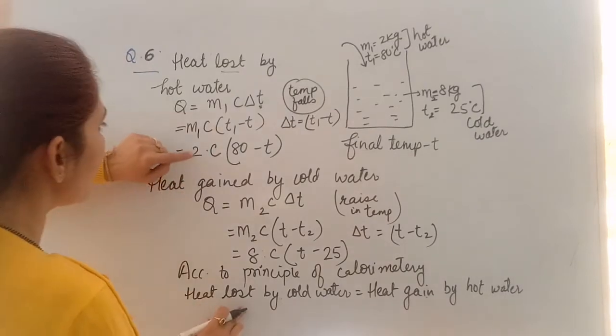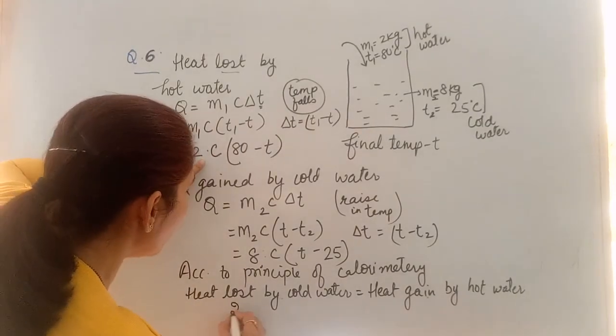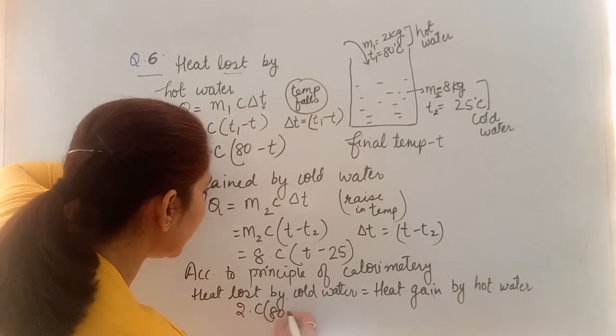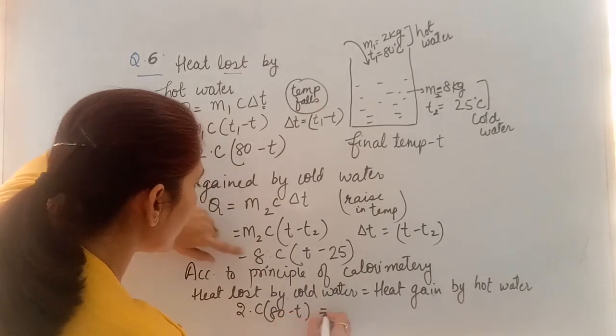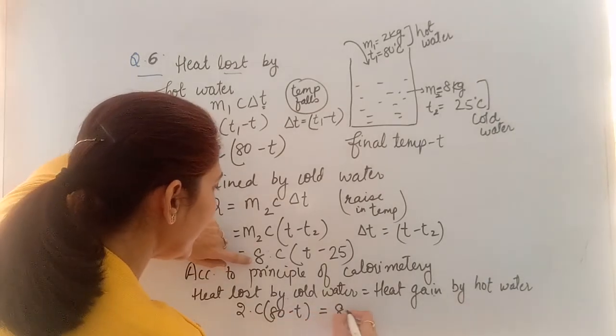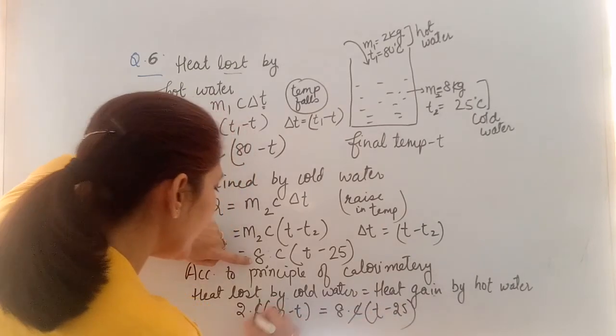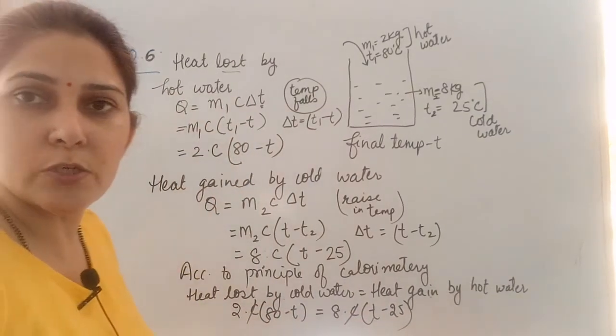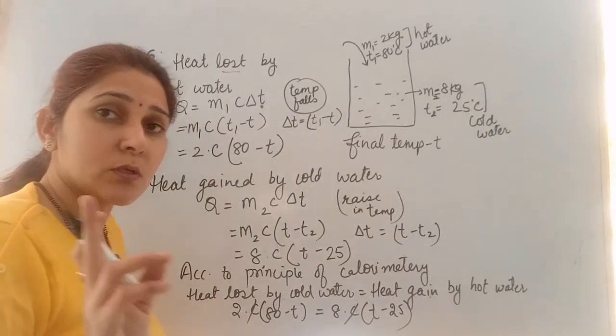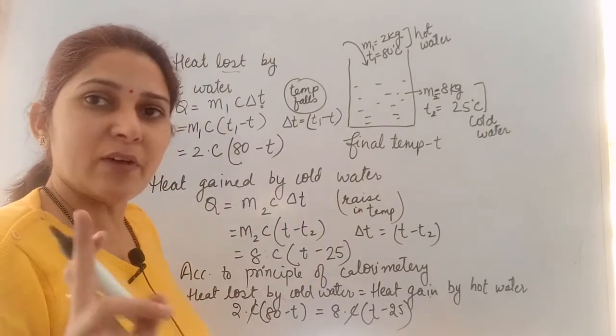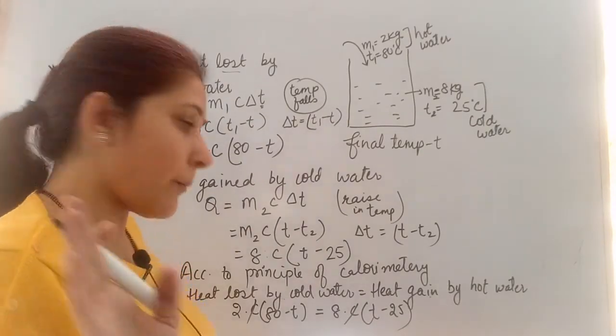So heat lost, put the values from here. This is 2 into C, into (80 minus T), that is equal to this: 8 into C into (T minus 25). This C will be cancelled out. That's why I have not substituted the values, because we are talking about the same substance here. Otherwise it can be different. Please remember that. Okay.